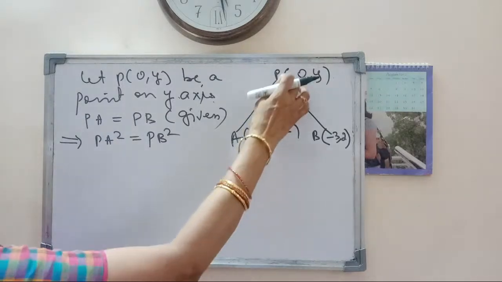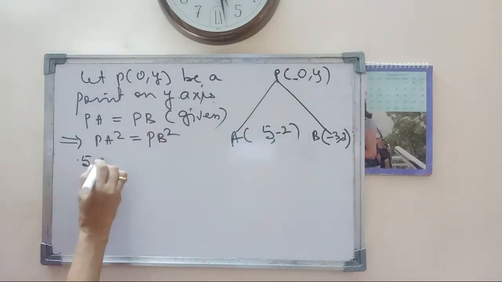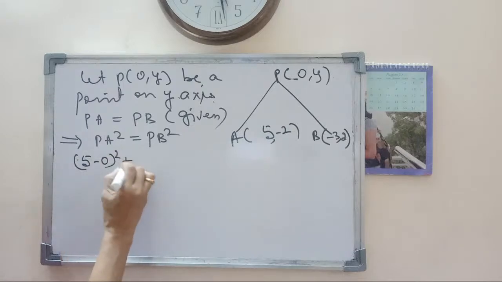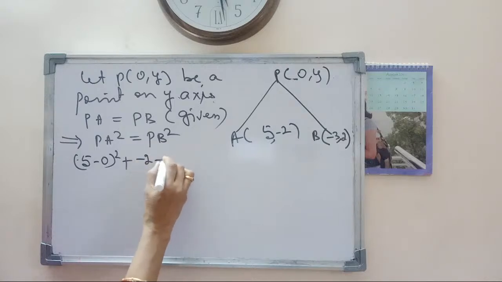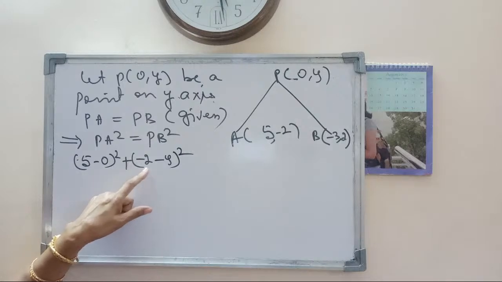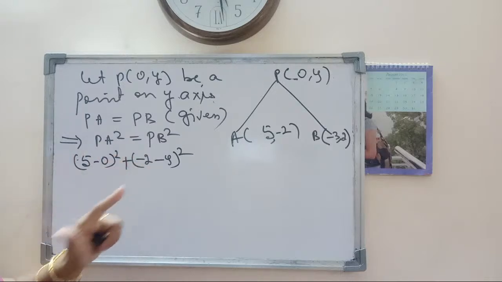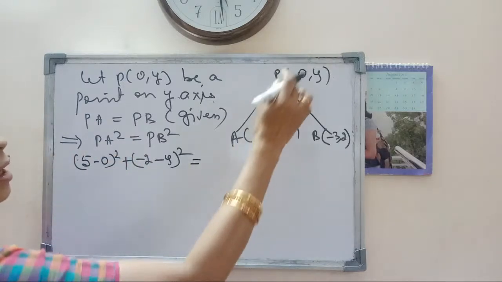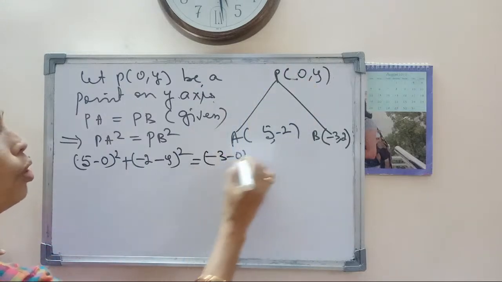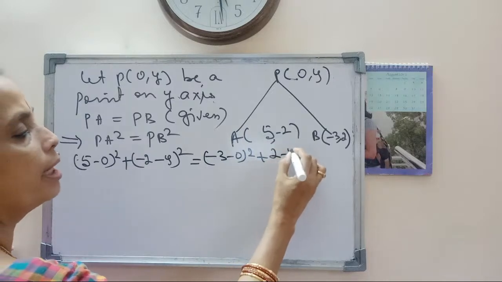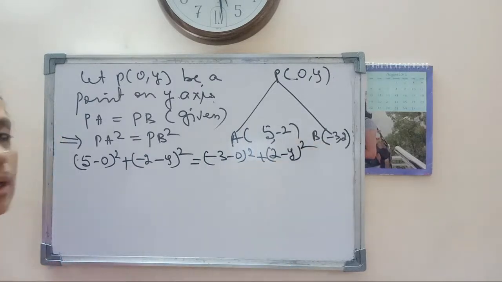LHS: (5 minus 0) whole square plus (-2 minus y) whole square. Note down, I have taken minus 2 as it is. Suppose it is 2, then if you have the negative, you should multiply. And in PB, what will you get? (-3 minus 0) whole square plus (2 minus y) whole square.